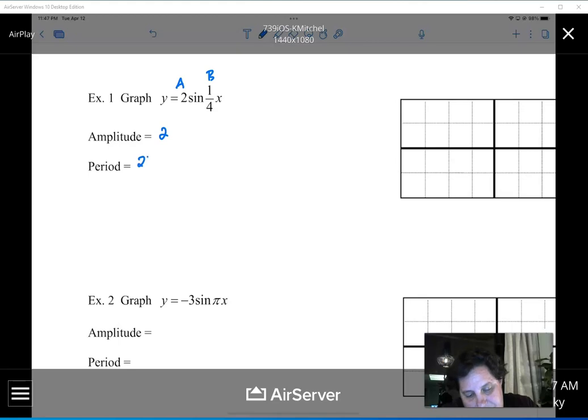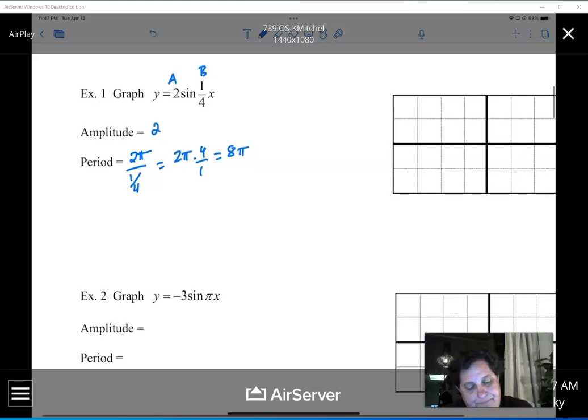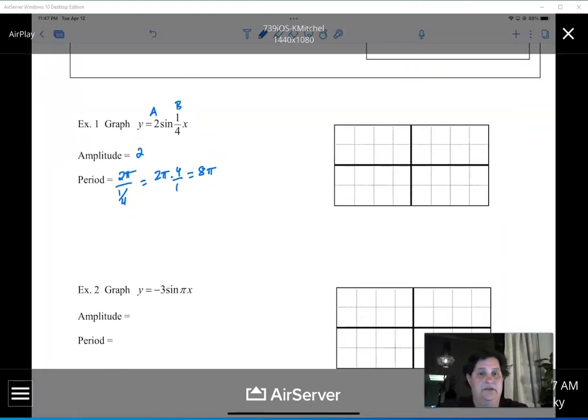The period is 2 pi over B. So 2 pi over 1/4 is the same thing as 2 pi times 4 over 1, which is 8 pi. Now, the way we're going to do this when we graph is we're always going to label one full period right here and right here. So whatever you get for your period, I want you to label that here and here.